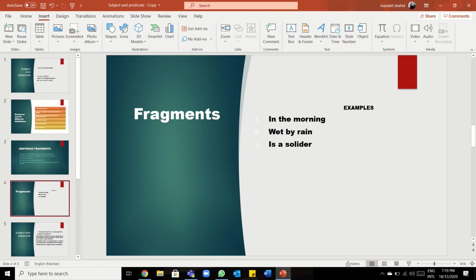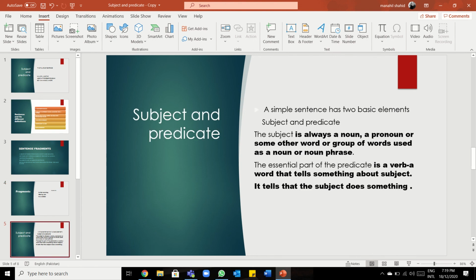As I have discussed the definition of fragments, examples of fragments are: in the morning; second, wet by rain; third, a soldier. As we can note from the examples, these statements do not have a complete thought. They are fragments. They are parts of a sentence.